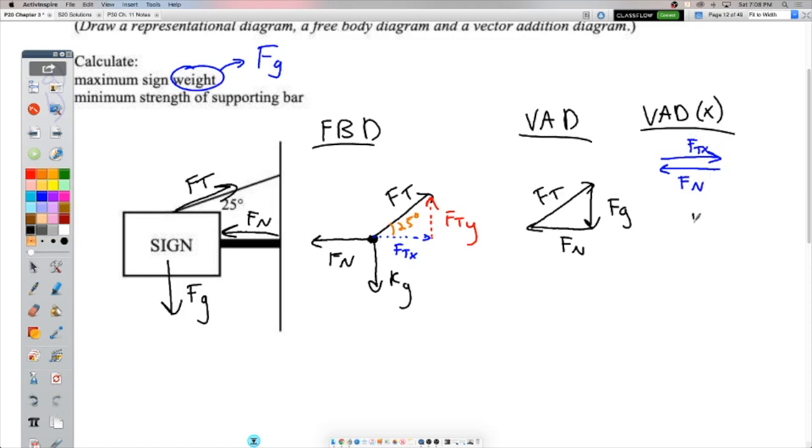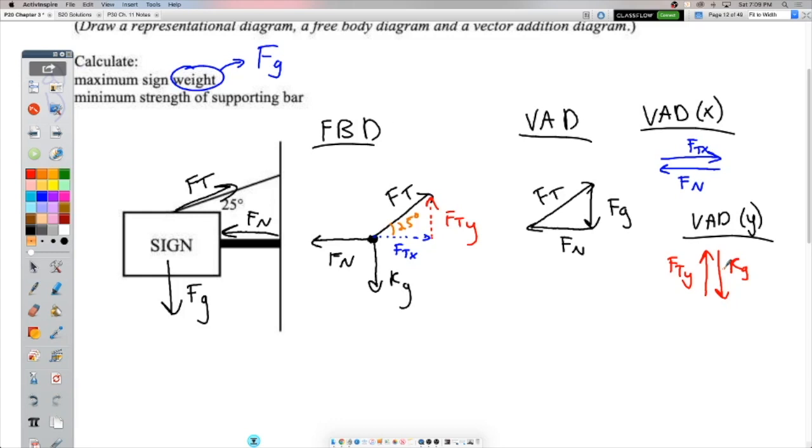And same goes for the y-axis. If overall there's no acceleration, then there better be no acceleration in the y-axis either, which means there better be no net force in the y-axis. So FTY would bring us up, but we don't actually accelerate because remember, Fg is pulling right back down just as hard, okay?